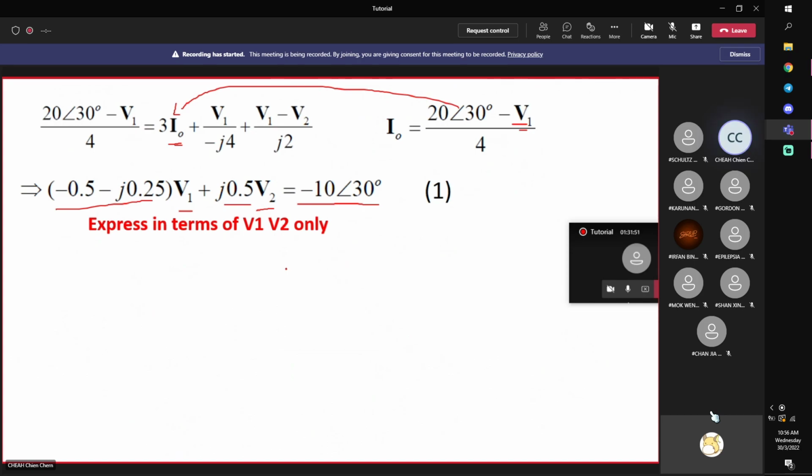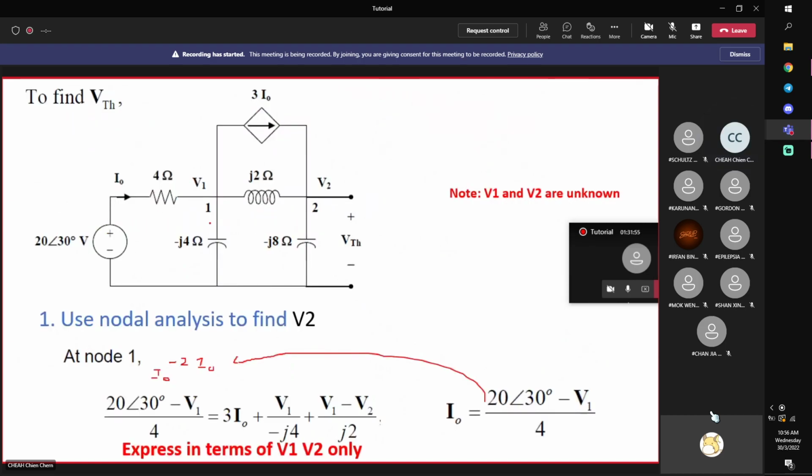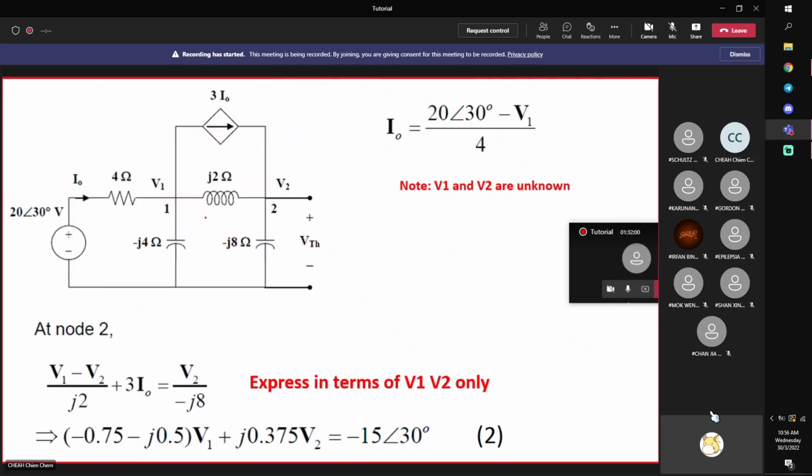So I cannot stop here, right? I cannot stop here. I am only at node 1. So I need to move on to node 2. Take KCL at node 2. I get another equation. The whole idea is to express in terms of V1 and V2 only, right? V1 and V2 only.